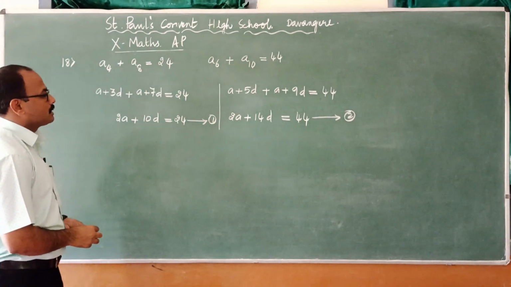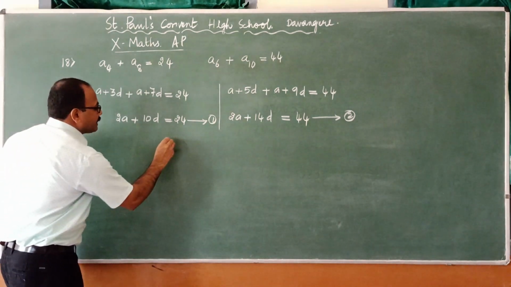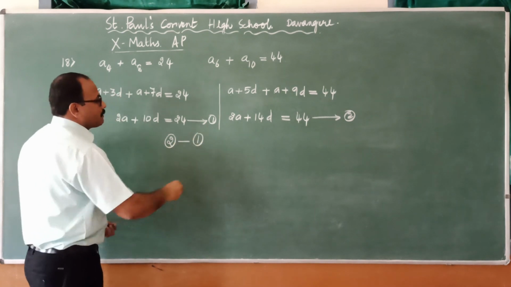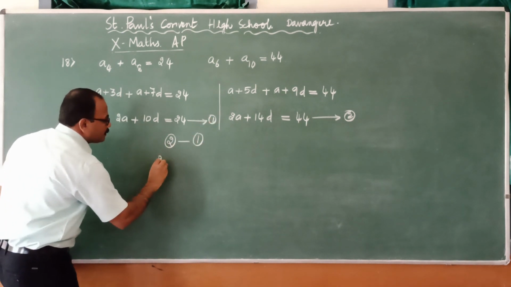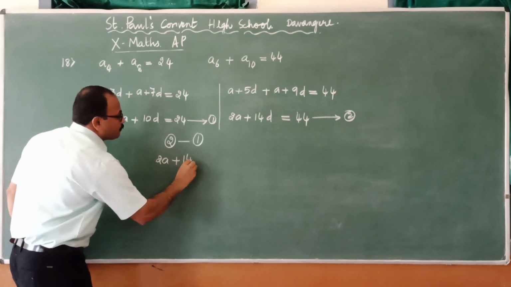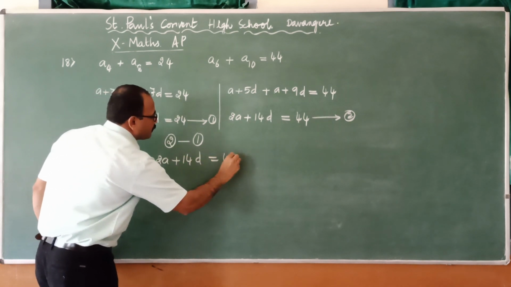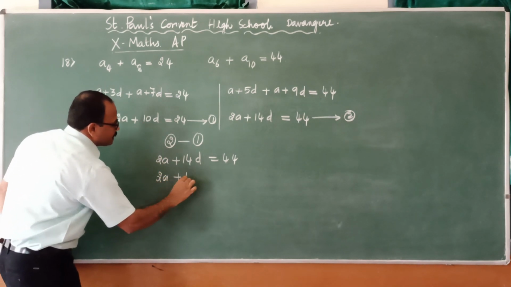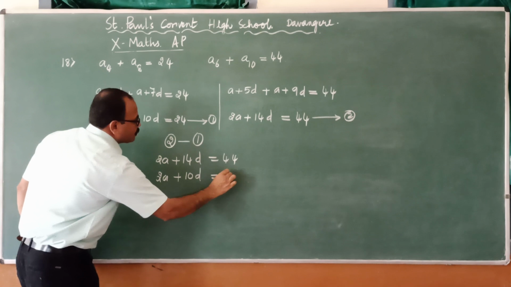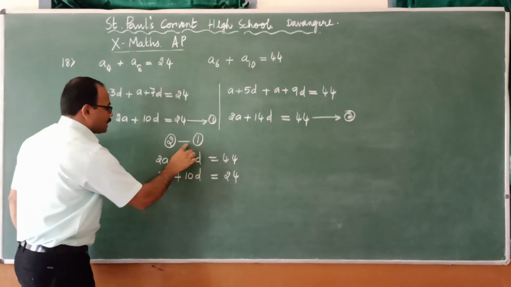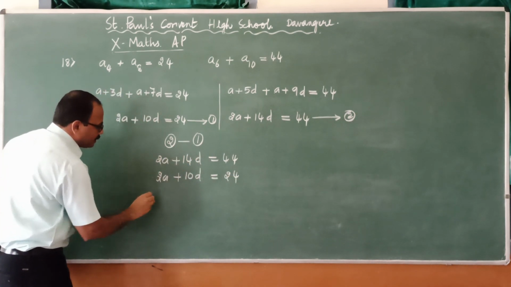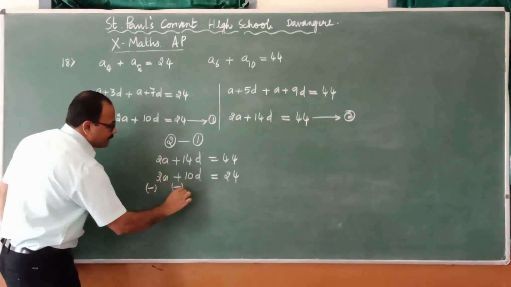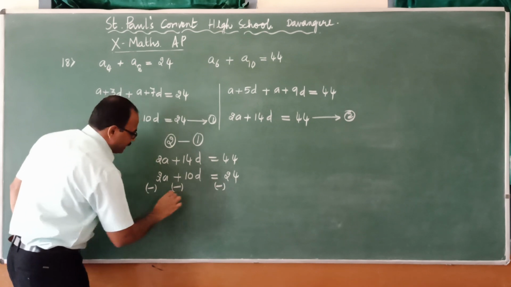Solving 1 and 2, children. Let me write it like this. Equation 2 minus 1 gives: equation 2 is 2a plus 14d is equal to 44, and equation 1 is 2a plus 10d is equal to 24. Subtraction we have taken, therefore change its sign: plus will become minus.